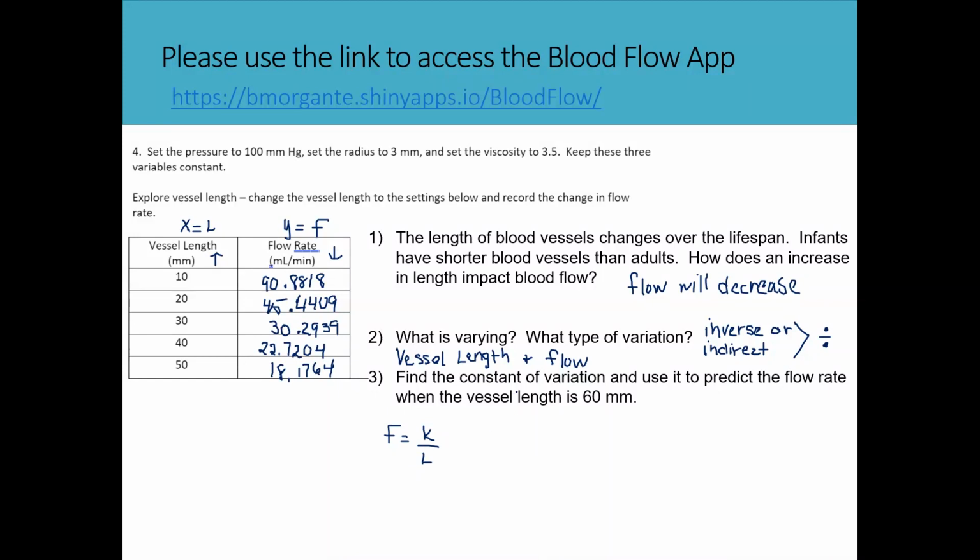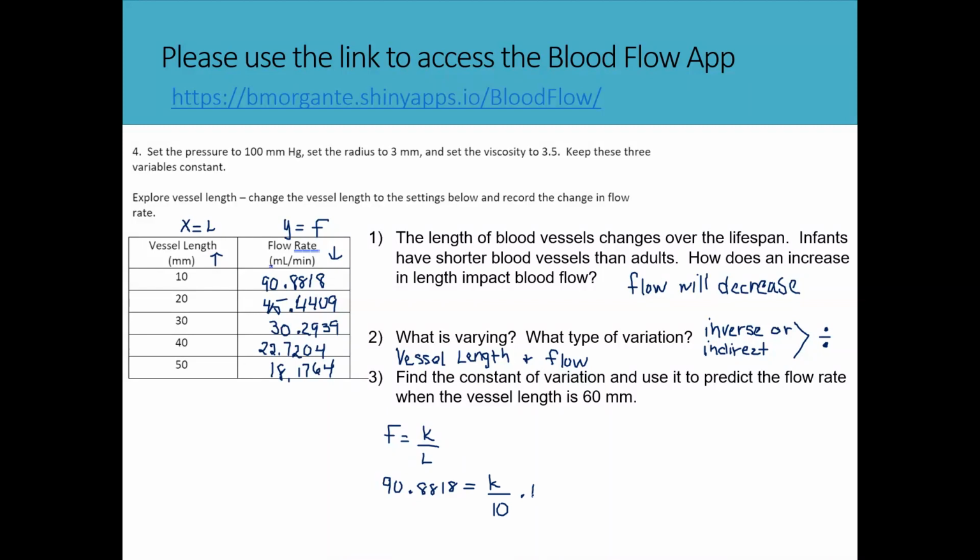And then in order to find the constant, I need to put in some values. So I can use any pair of numbers from off the chart. I typically use the first one. So the first one has flow rate of 90.8818, equals unknown k, divided by 10 is the length.